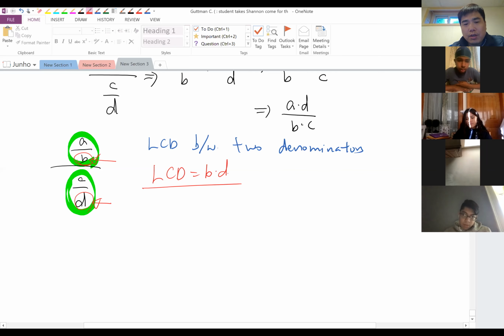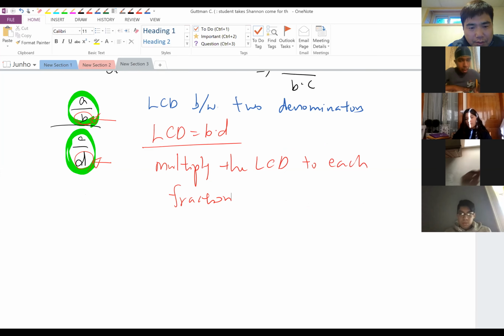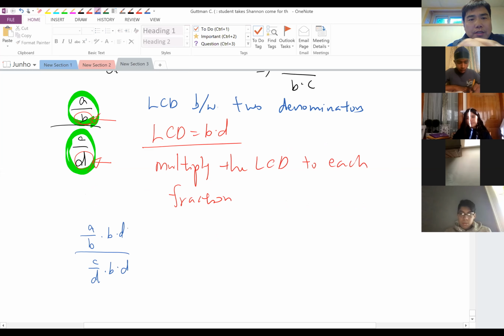And now the second step is you multiply the LCD to each fraction. Okay, then what happened here? A over B times D over C over D times B times D. Then we can simplify: B's cancel out and D's cancel out.